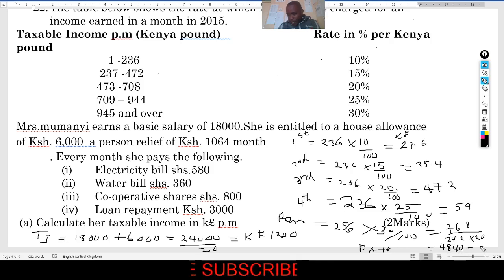Now you minus the relief. You're told the relief is 1,064. If you subtract, then you get your PAYE as 3,776.